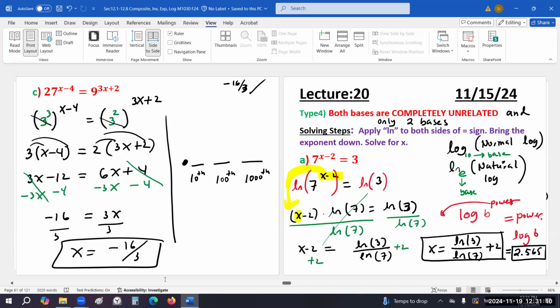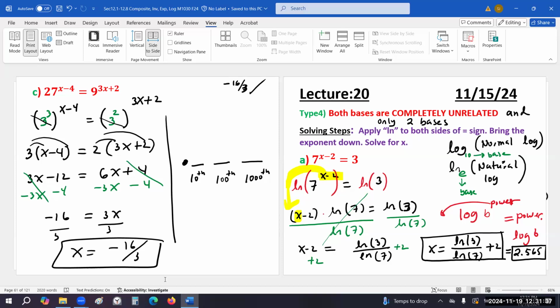The next type was we have two completely unrelated bases, and our variable is in the exponent. We can't cancel them, we cannot rewrite them, we can't do anything with the bases.